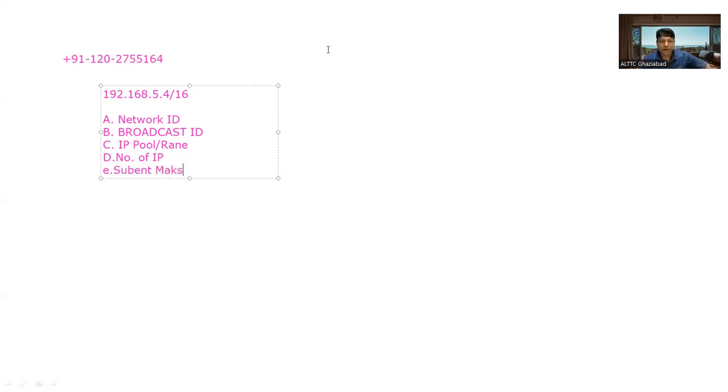Now your answer for the network ID. What is the network ID of 192.168.5.4? Please write the complete answer. Your answer is incomplete, and nobody replied whether this answer is correct or wrong.